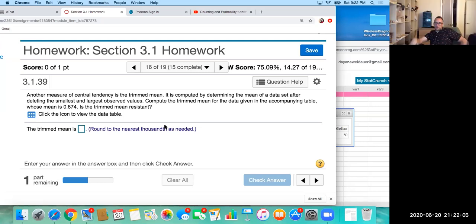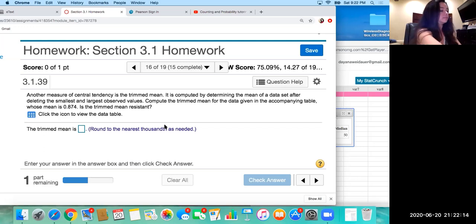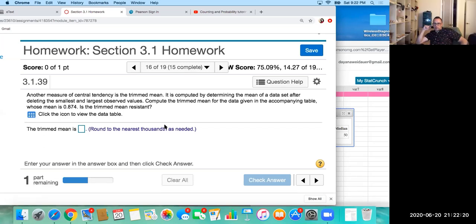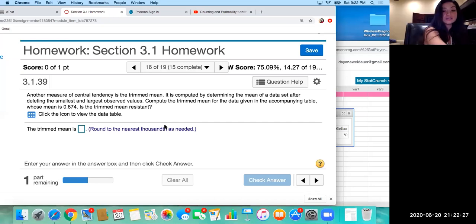So yeah, trimmed mean just means get rid of the biggest and smallest data value. That's what it says, right? Trimmed mean. Get rid of the smallest and biggest data value. You said the smallest and largest, right?